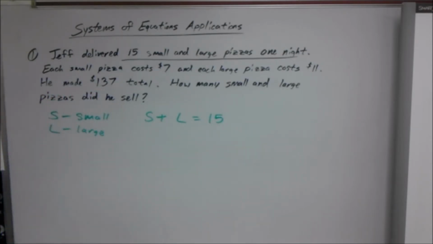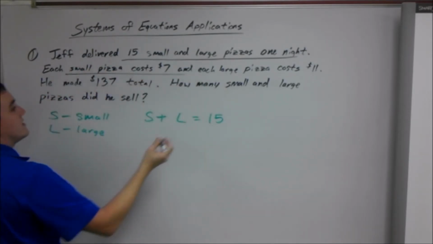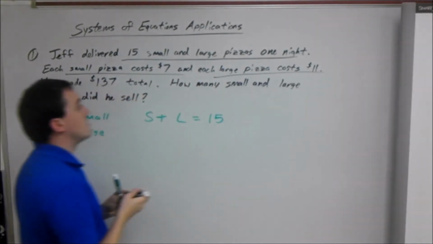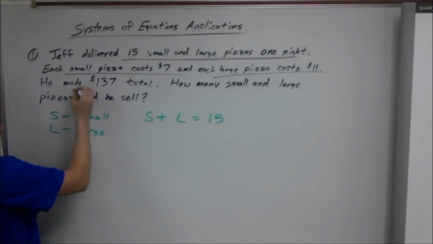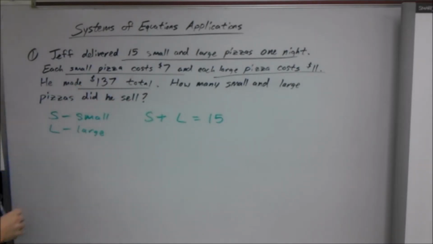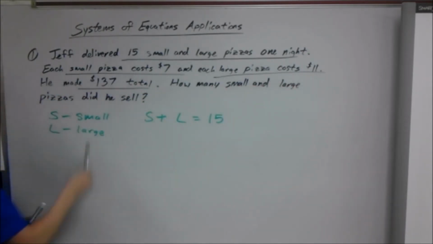Next, it says each small pizza costs $7 and each large pizza costs $11. So he made a total of $137. So we know, given these prices, our total is going to add up to $137.